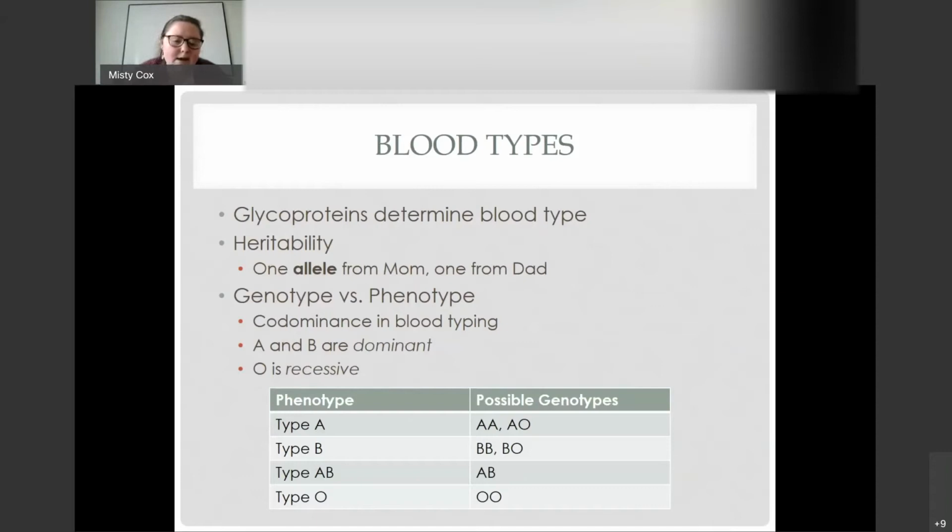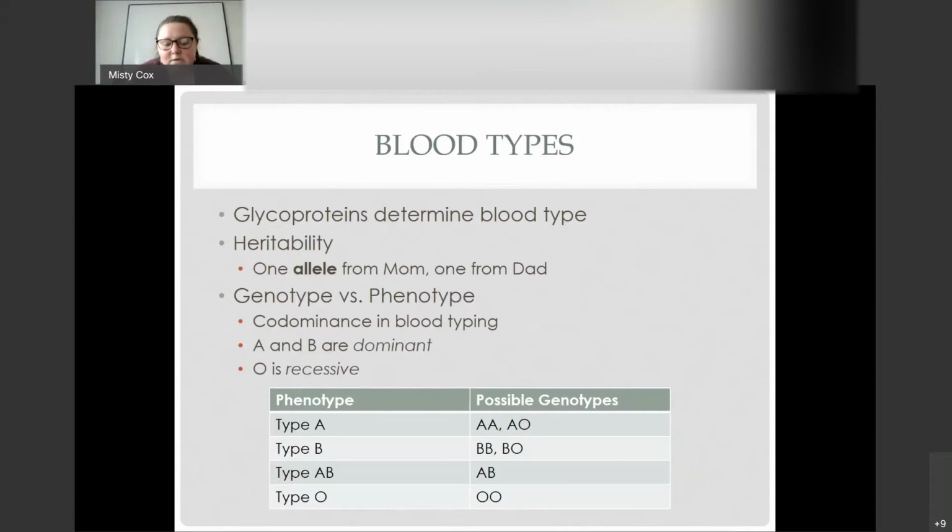So for example, for type A blood, you can get two copies of A, one from mom and one from dad, or you get an A from one parent and an O from the other. Because A is dominant and O is recessive, if you get an A, you're going to show up with at least type A blood.